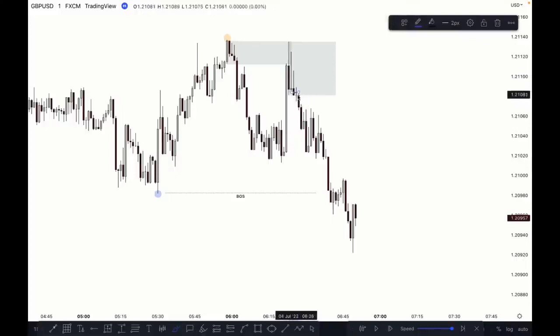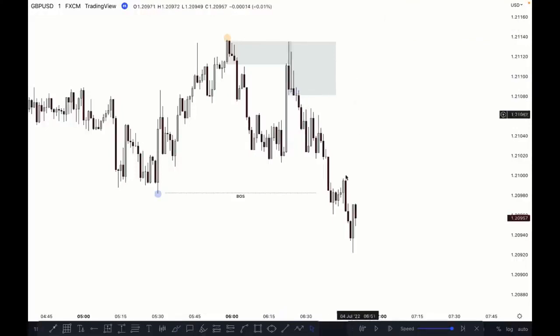I think it's already mitigated, so there is no imbalance. In the next candle, which is here, there is an imbalance together with the order block. There is a minor imbalance and order block, so this one is called a valid order block, which is here. This is an imbalance and this is an order block, so we can sell here.